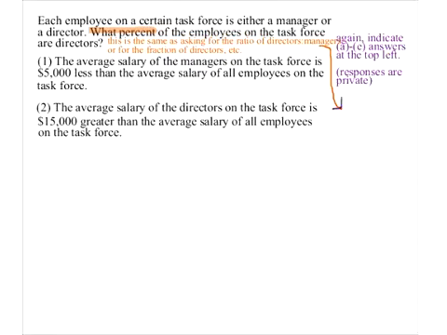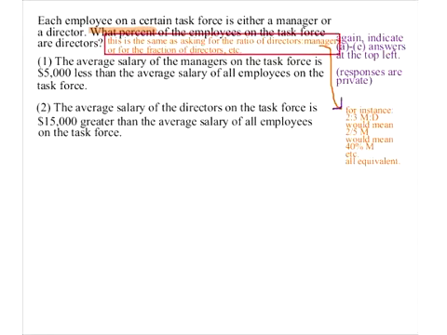So if you had like 2 to 3 managers to directors, that would mean 2/5 managers, which would mean 40% managers, etc. All these are equivalent. That's not the answer, it's not 2 to 3. But the point is this is a really key takeaway: if they ask you what percent, you don't have to break your back to find a percentage, because you can just find a ratio and you're good to go.